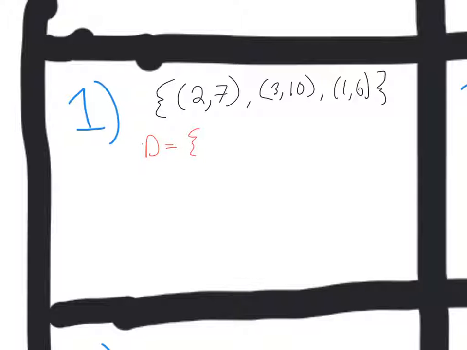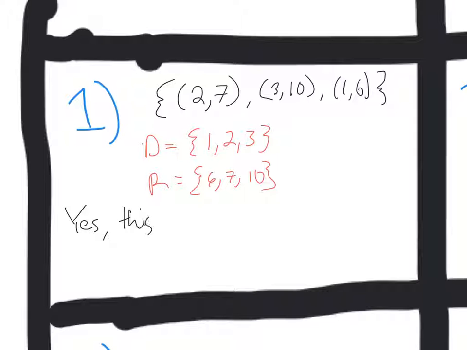Domain is going to be all my x values, which is 1, 2, 3, and my range is going to be all of my y values, which is just 6, 7, and 10, when we write those in order. Now the question becomes, is this a function or not? As is, we would call this a function, so yes, this is a function.